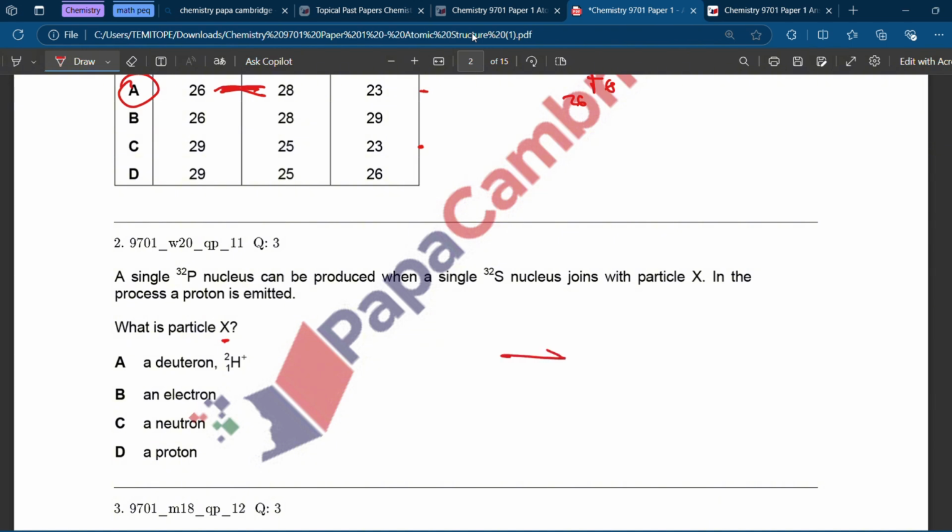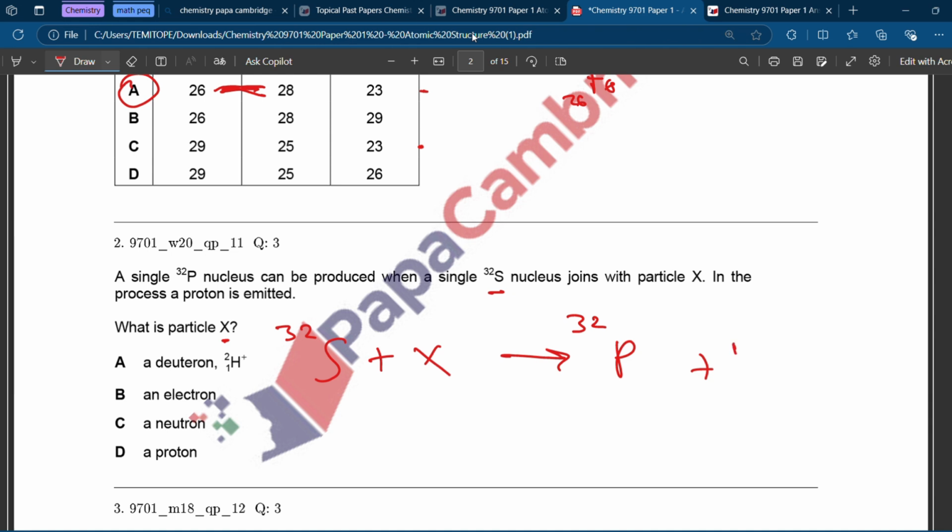So we're producing this nucleus when sulfur-32 comes together with X and gives us phosphorus-32 and a proton.